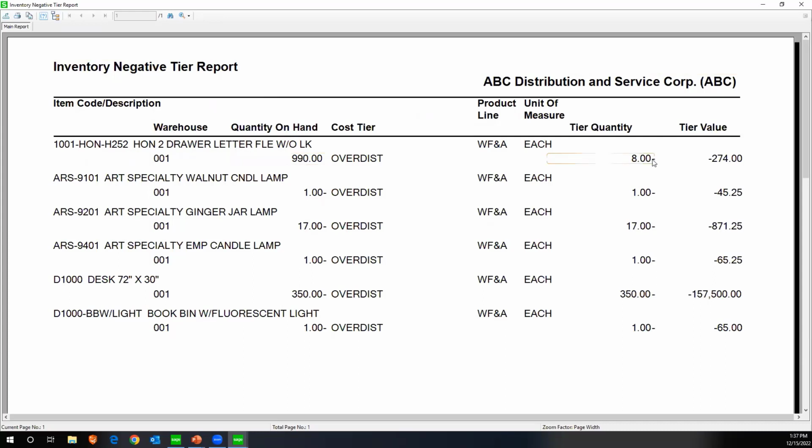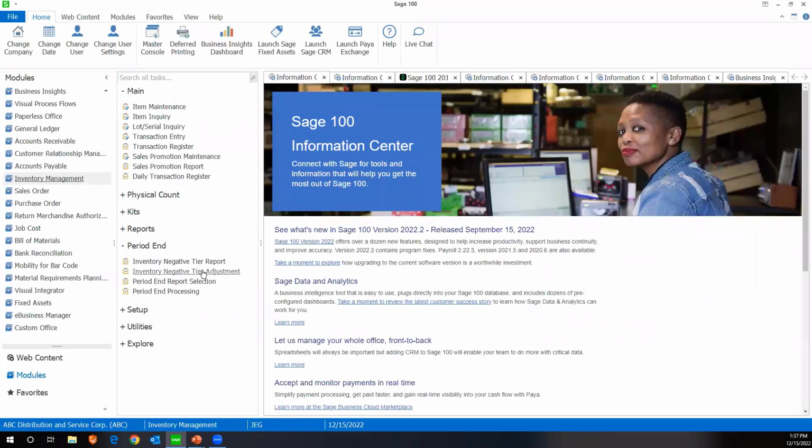This is what's on hand. I over distributed 8, 1, 17, 1, 350, and 1. This is what's on hand. Notice I went over on this tier because I hadn't received this 990 in yet. So on hand in total, it's going to be the difference between those two. This can't offset because it's still negative, negative, negative, negative, negative. But this one can be fixed. So that's where this negative tier adjustment comes into play.